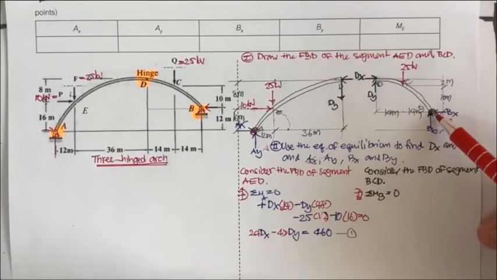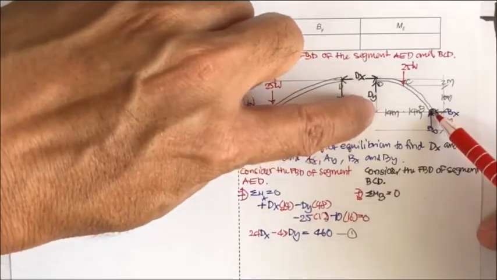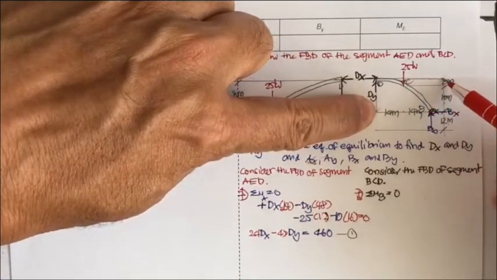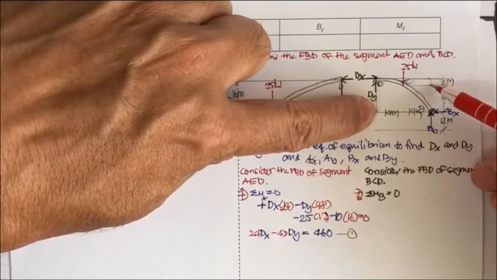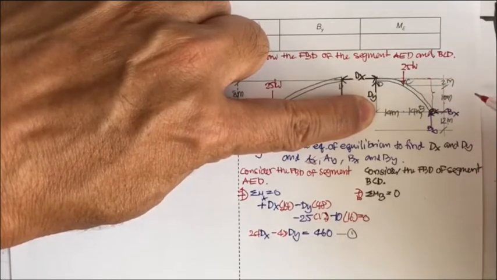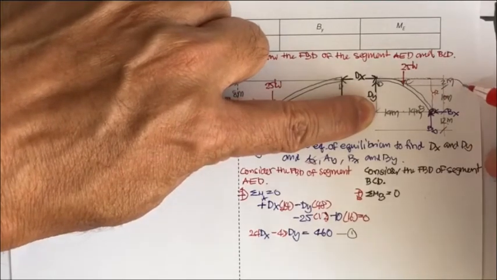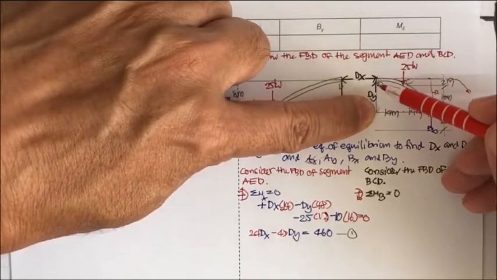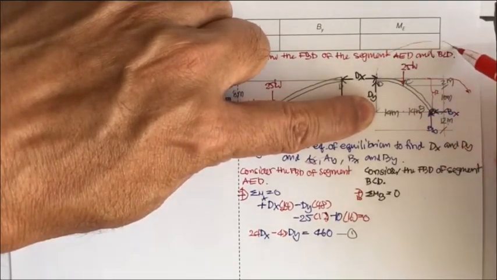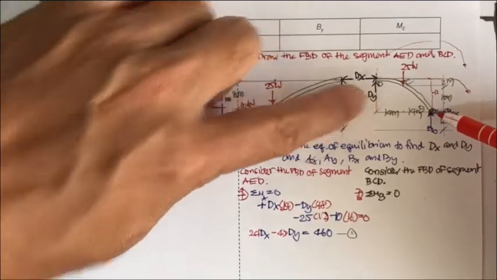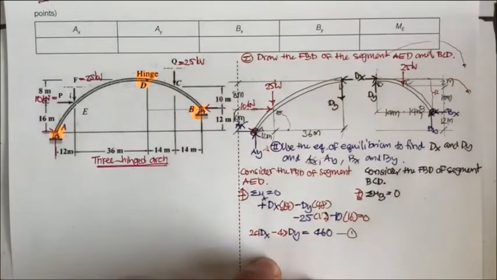Okay, you take moment here and you can see that D sub x is going to have a line of action here, and it's going to have this 12 meter, and it's going to rotate clockwise. D sub y also is going to rotate clockwise with 28. So both of them are going to be plus.